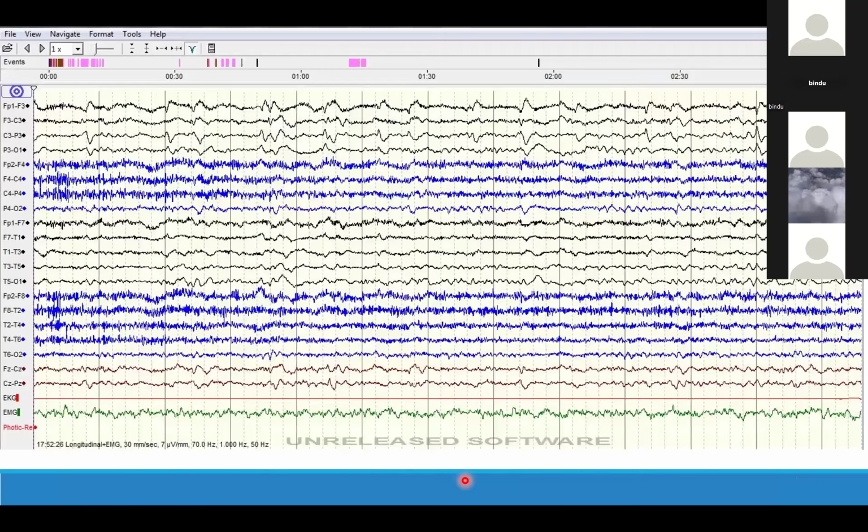This was the EEG of the patient. There were periodic discharges predominantly in the fronto-central regions, as well as slowing in the frontal as well as temporal regions.